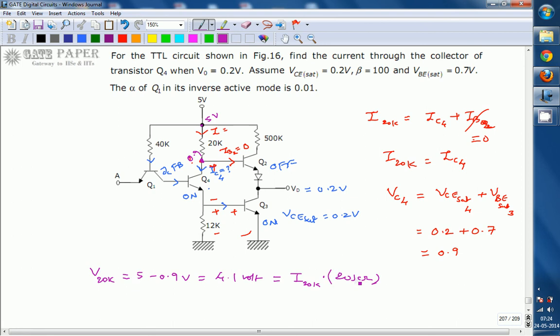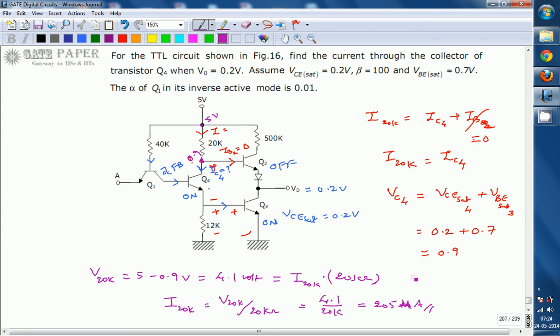So I20K is V20K divided by 20K, which is 4.1 divided by 20K, around 205 microamperes. The current flowing through the collector of Q4 transistor is around 205 microamperes, which is about 0.2 milliamperes.